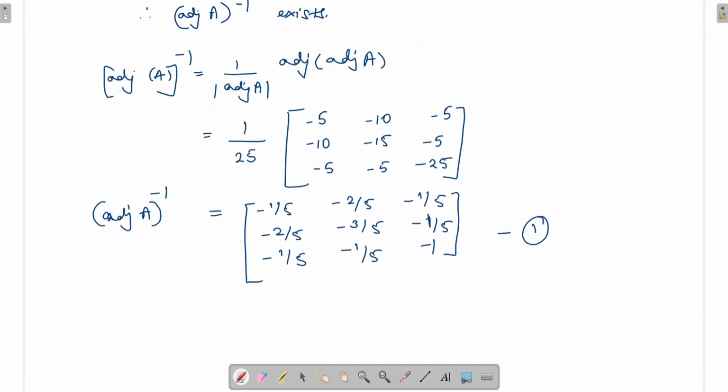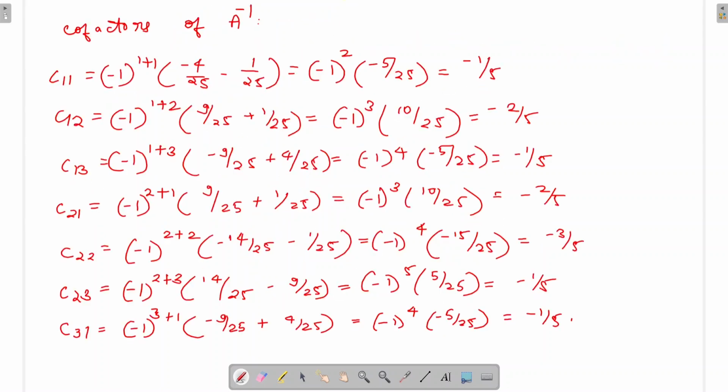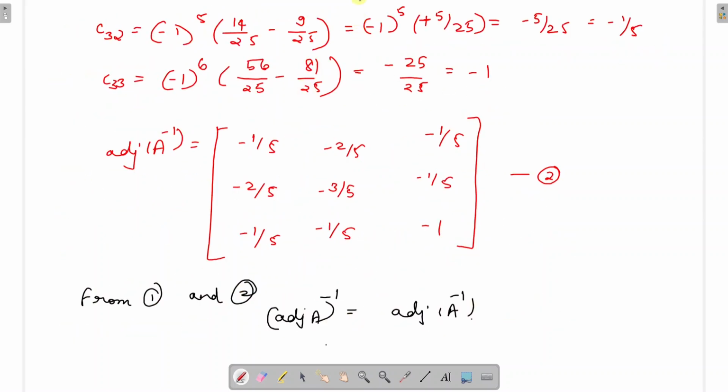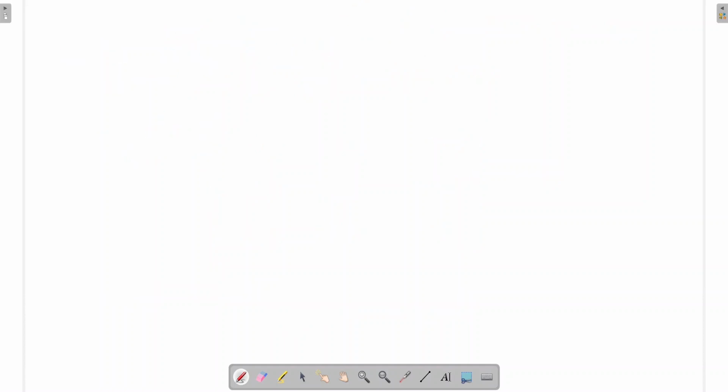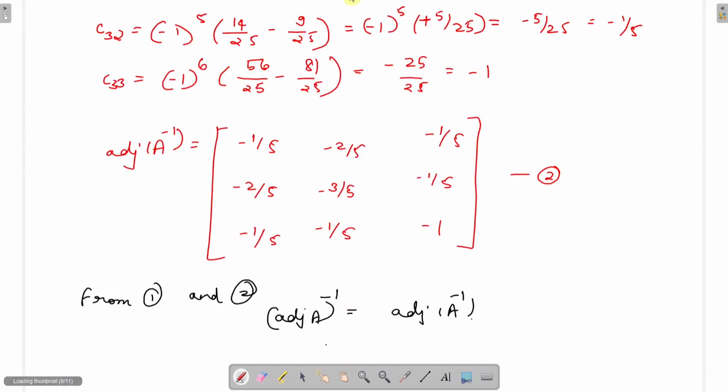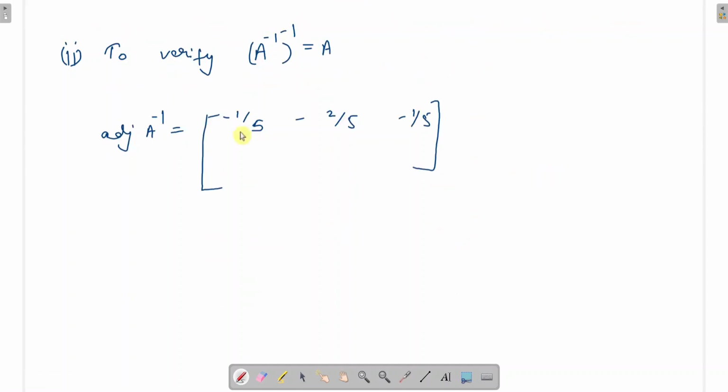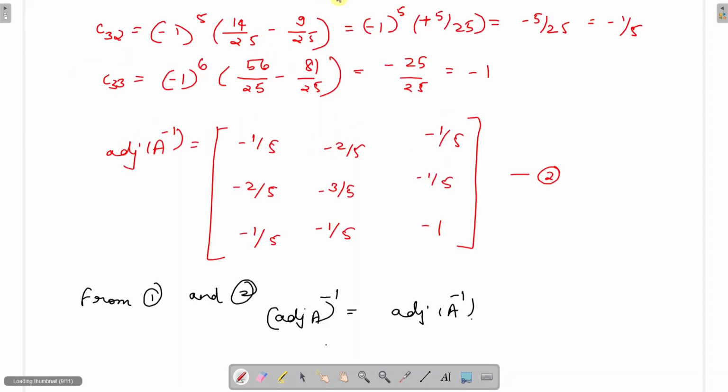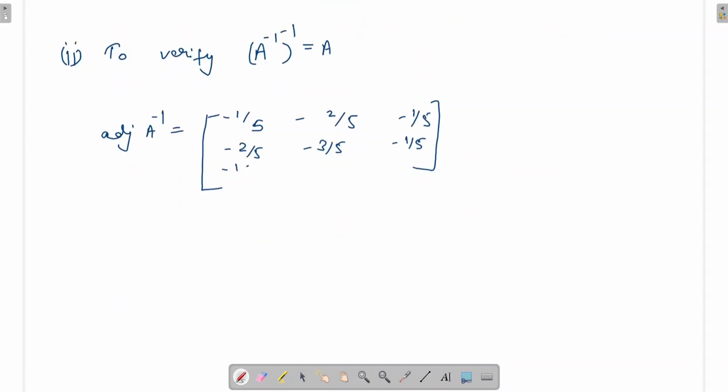So where is adjoint of A inverse? Yeah, here. Minus 1 by 5, minus 2 by 5, minus 1 by 5, and we have minus 2 by 5, minus 3 by 5, minus 1 by 5. And the third row is minus 1 by 5, minus 1 by 5, minus 1. Okay, so adjoint of A inverse we have.